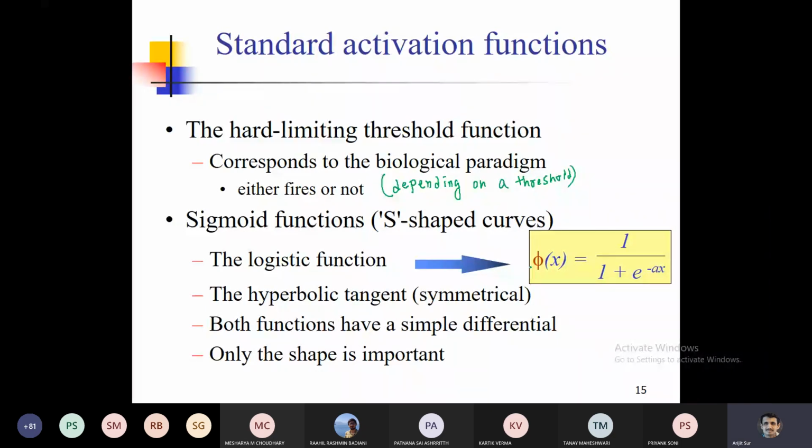This is sigmoidal, that we know very well: phi(x) = 1/(1 + e^(-ax)), where a is a parameter. It is a logistic function. The hyperbolic tangent is symmetrical, and both functions have a simple derivative. Only the shape is important.